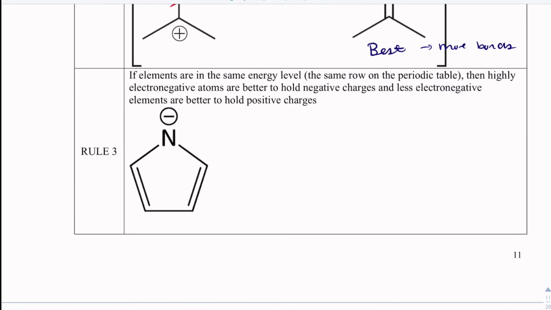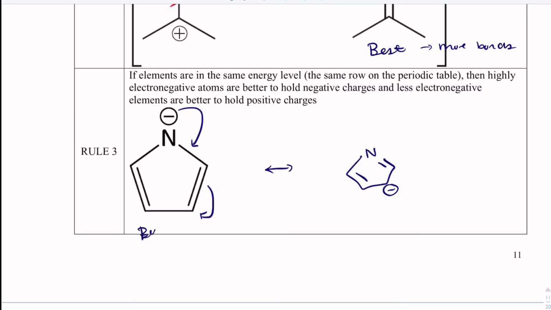If elements are in the same energy level, then highly electronegative atoms are better to hold negative charges. And so if we go through and we do some resonance, and this guy has 5 resonance structures, so I won't draw all of them, we get something like this.